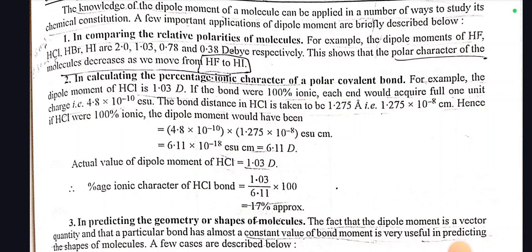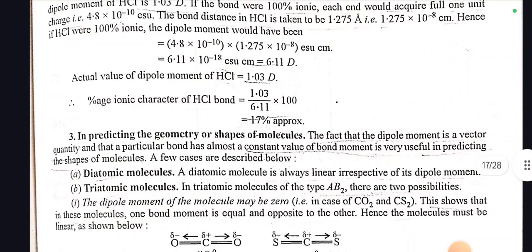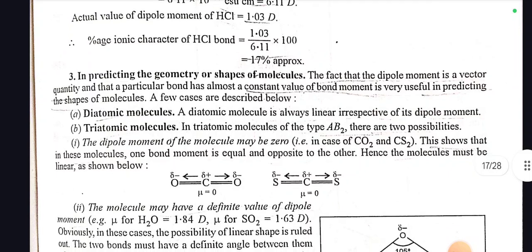Hence, if HCl were 100% ionic, the dipole moment would be 6.11 D. The actual value of the dipole moment of HCl is 1.03 D. Percentage ionic character of the HCl bond is equal to 1.03 upon 6.11 into 100, approximately 17%.